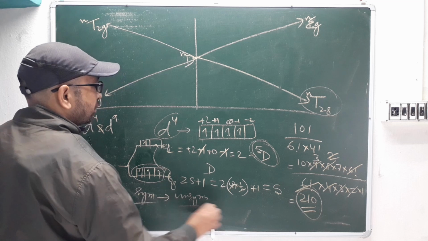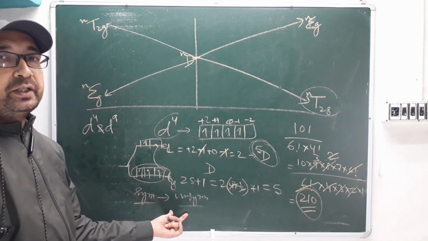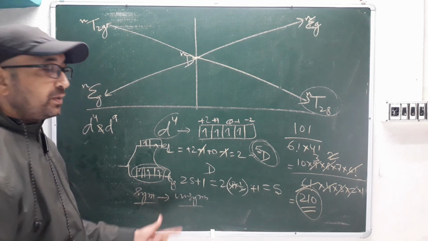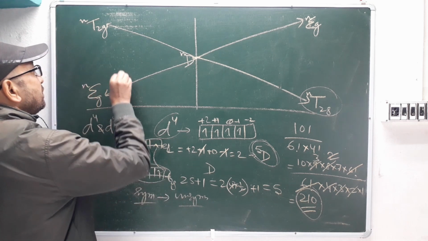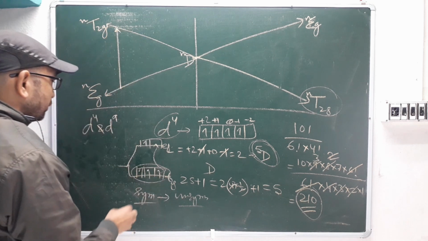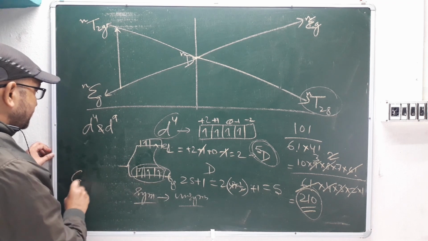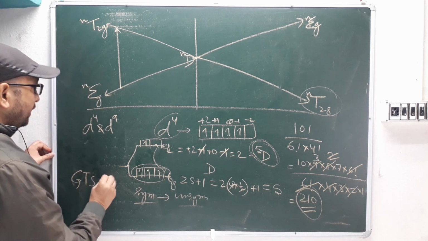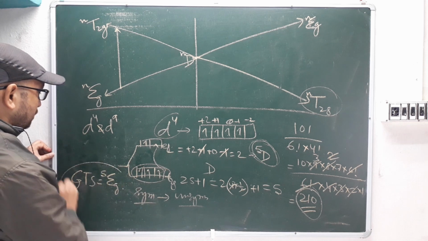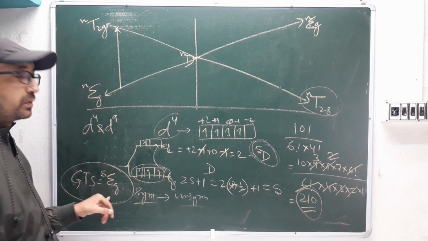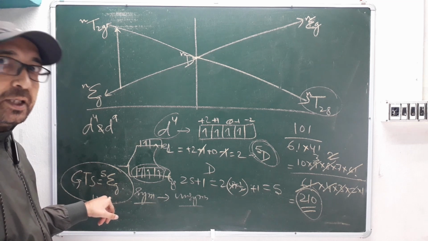If from symmetric to unsymmetric it is forming, we call it hole creation, okay? Hole formation. If it is hole formation, then the basic term will be Eg. So this will be Eg to T2g. Now your spectroscopic ground state term symbol, GTS, will be 5Eg. Okay, the ground state term symbol will be 5Eg.